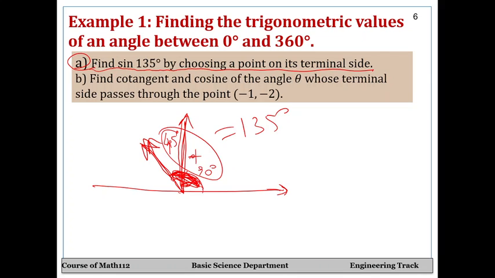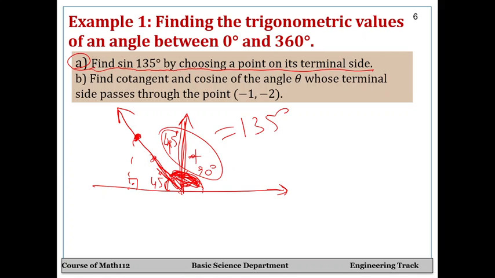Now we want to choose a point here. Okay, I'll make this line longer. So I take a point here on this line. What is the angle here? It's 45 degrees also.